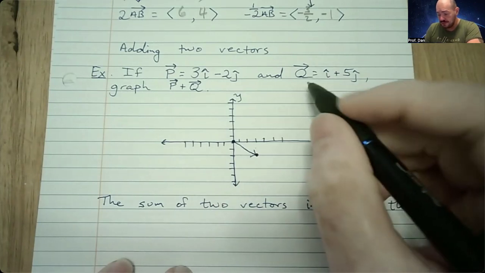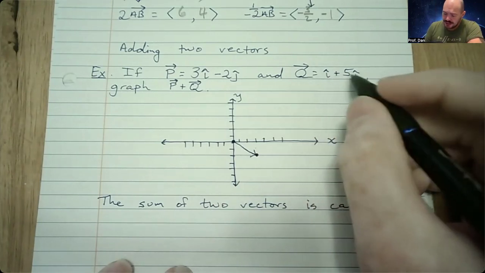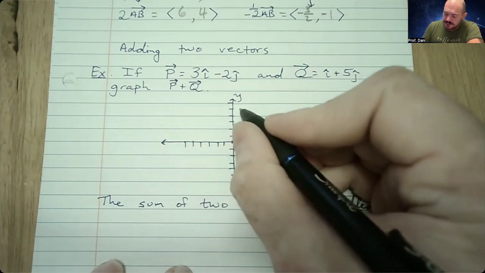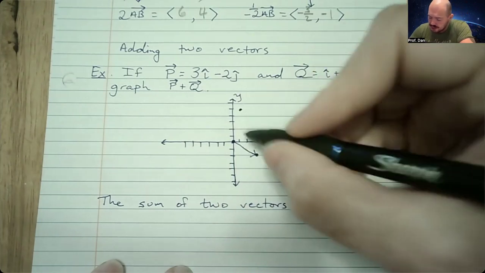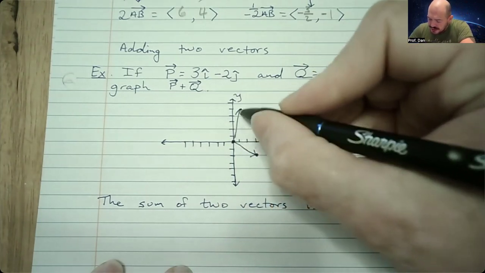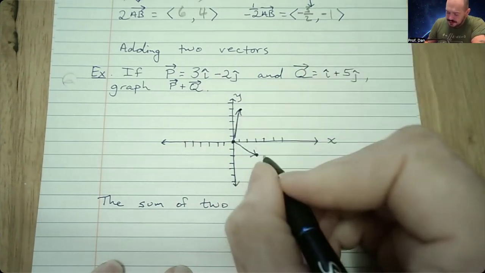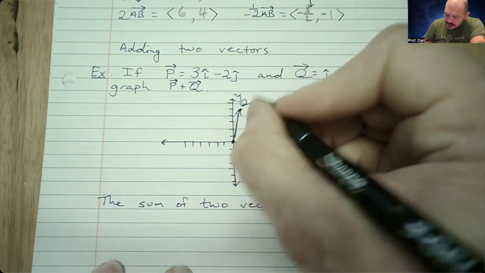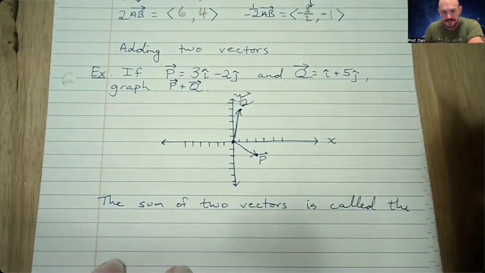Then for Q, i plus 5j, I'm going to go over 1 and up 5. That's the terminal point for Q. So we have P right here, and we have Q right there.